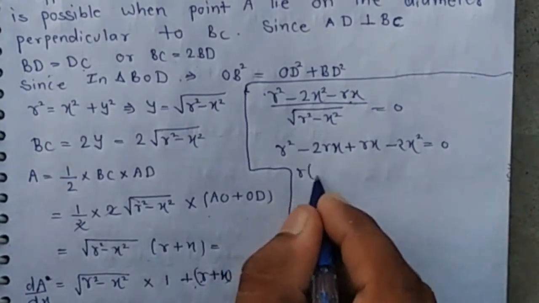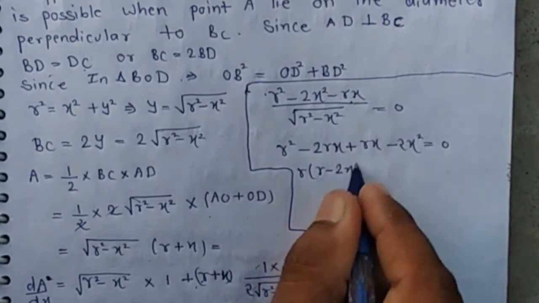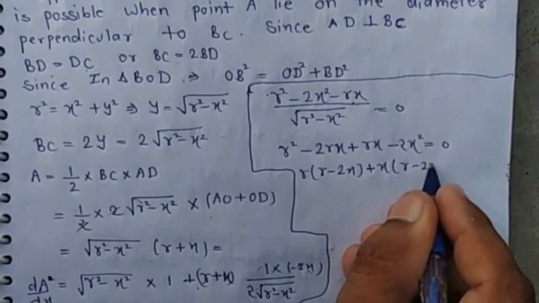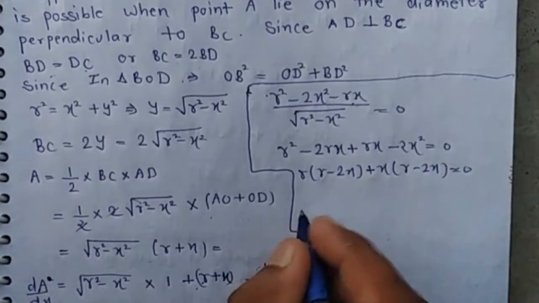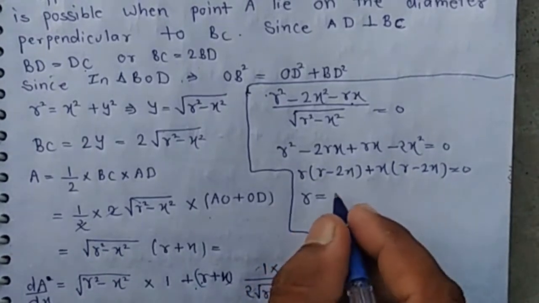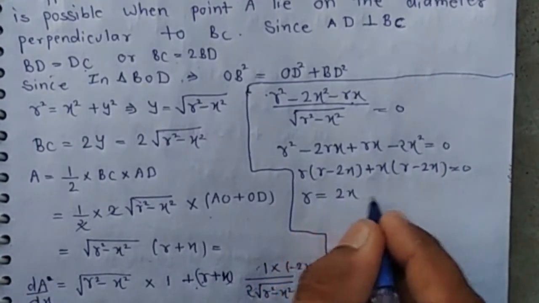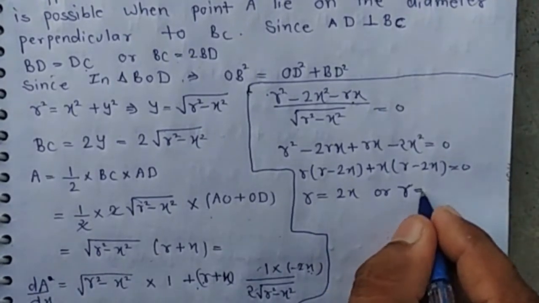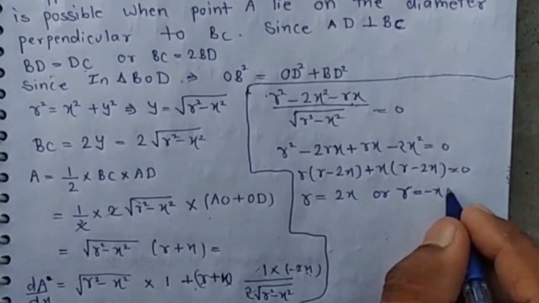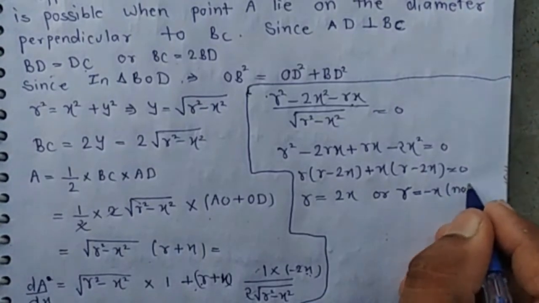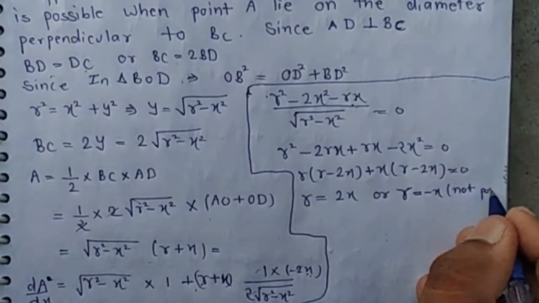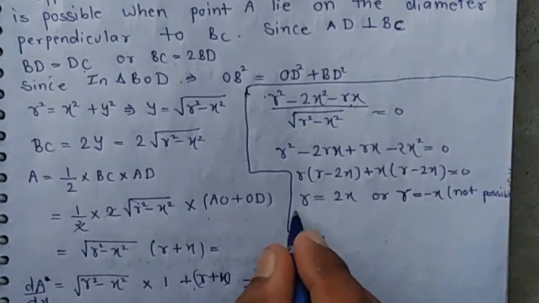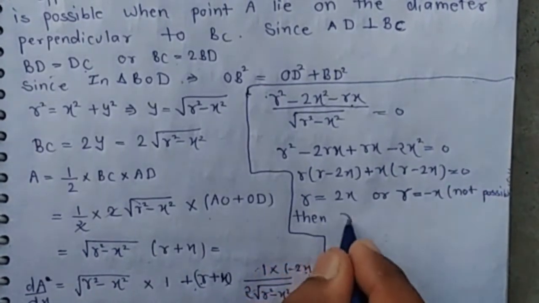Then we have (R minus 2x) times (R plus x). The value of R is equal to 2x or R is equal to minus x. It is not possible. Then the value of R is 2x.